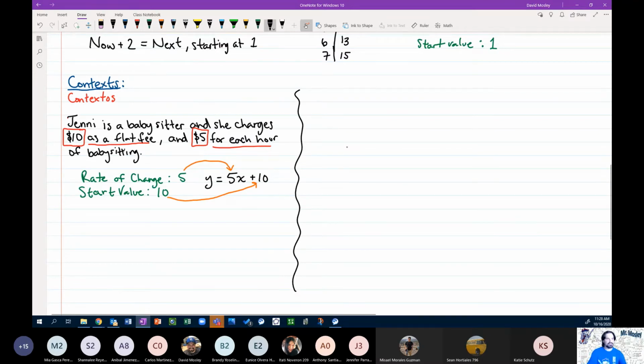The other type of context gives us different information. So we're going to write this one down. We have the same babysitter, and she is testing different prices to charge for babysitting.